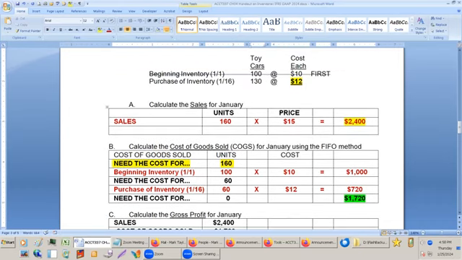Okay, our ending inventory. Now notice up here, of that 130 that we sold, 60 of those.